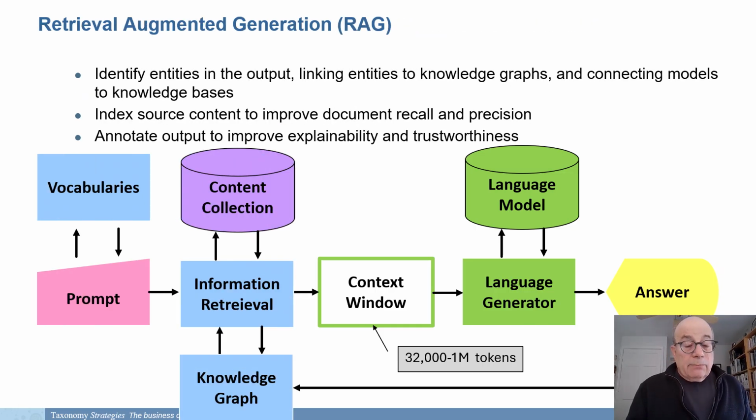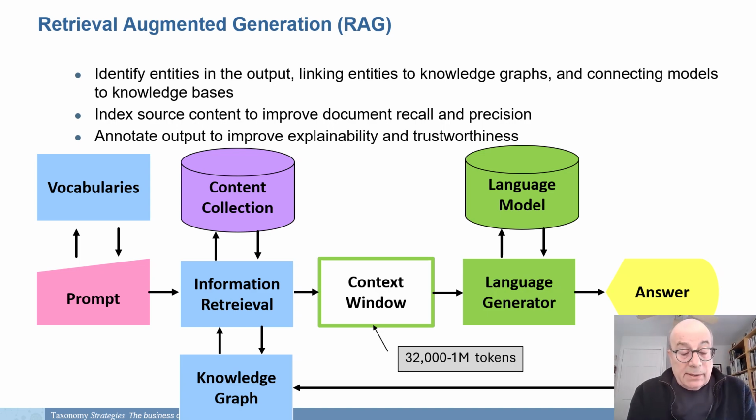An application programming interface, or API, allows for development of applications that can integrate additional resources such as vocabularies and search results into prompts. The ChatGPT context window is up to 1 million tokens when accessed via the API.